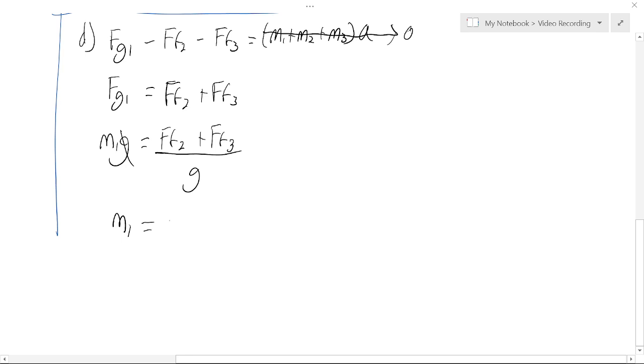M1, well, we already found Ff2 earlier, which is 35.28, plus we found friction earlier is 44.1. Sorry, this is Ff2 and Ff3. So adding those friction values together and dividing by 9.8, we find that it's 8.1 kilograms.